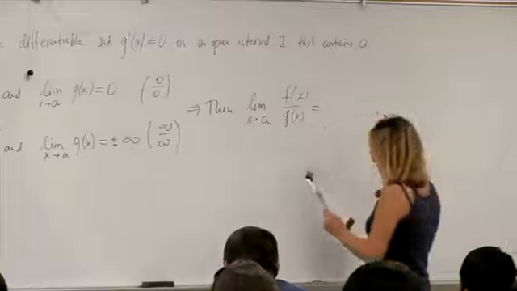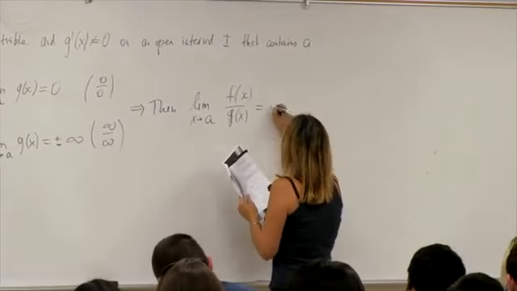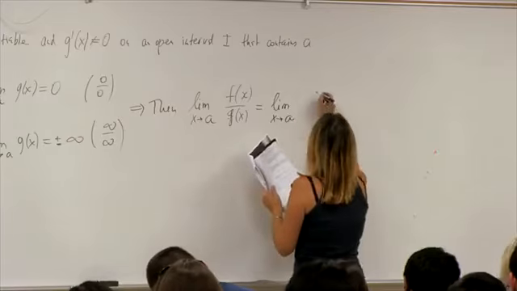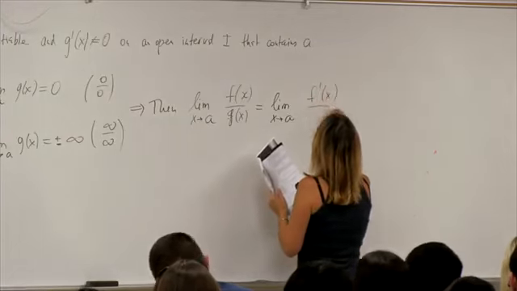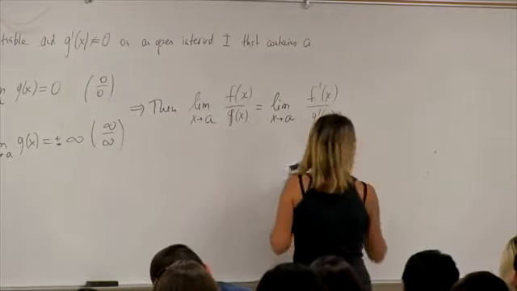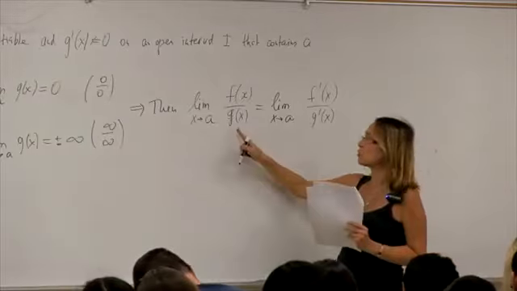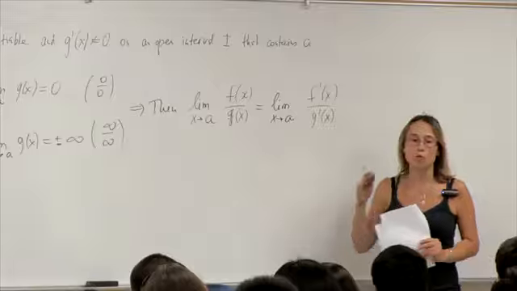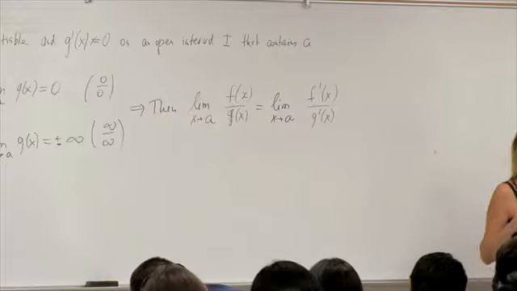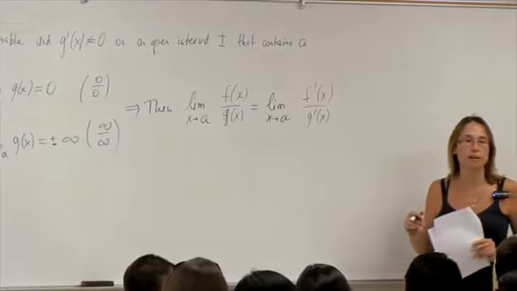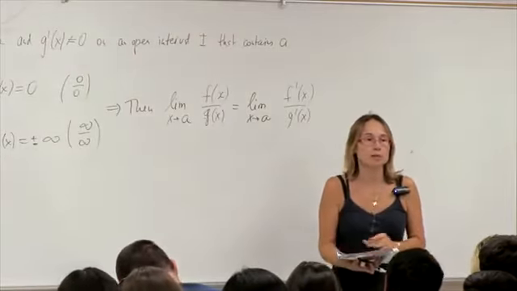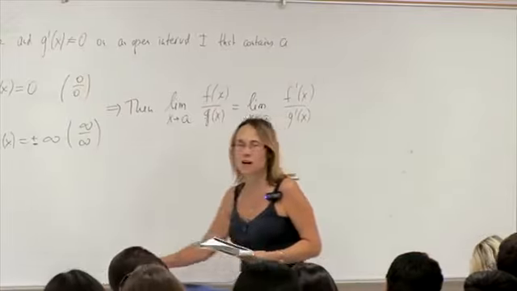The way to deal with this is the same. This is the same as the limit as x goes to A of the ratio of the two derivatives. If we don't know how to evaluate the original limit, we take the derivative of both the numerator and the denominator, and that gives us the correct value for the limit. First, I'll give you some examples, and then I'll explain why and how this works.